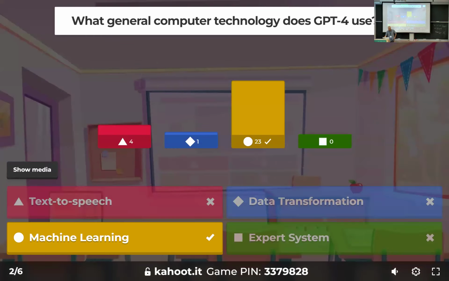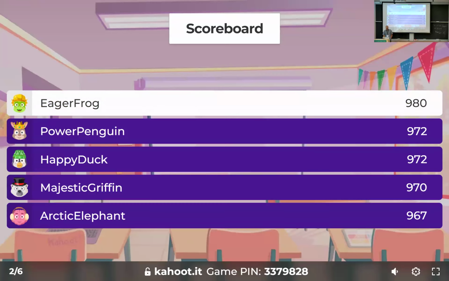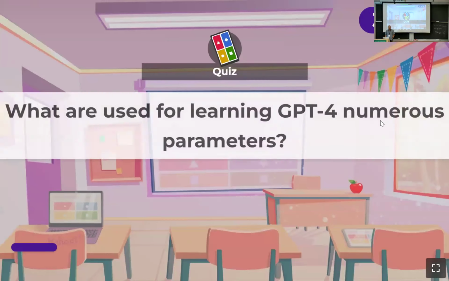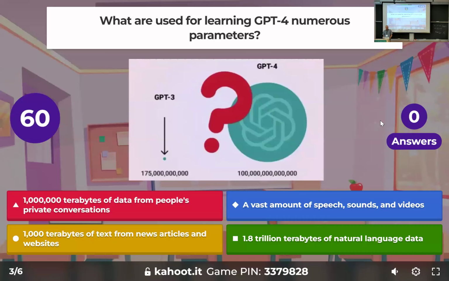All right, so it was machine learning. Okay. What is used for learning GPT-4's numerous parameters?